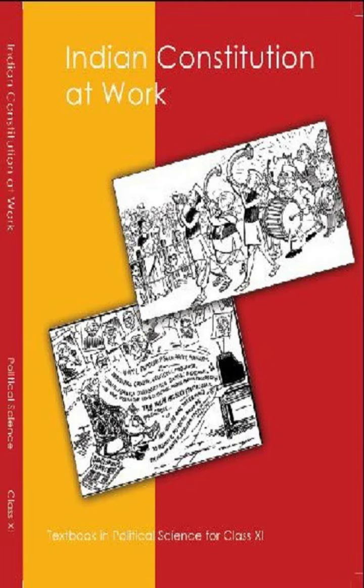Perhaps the best summary of the principles that the nationalist movement brought to the Constituent Assembly is the objectives resolution. That is the resolution that defined the aims of the Assembly. It was moved by Nehru in 1946. This resolution encapsulated the aspirations and values behind the Constitution.